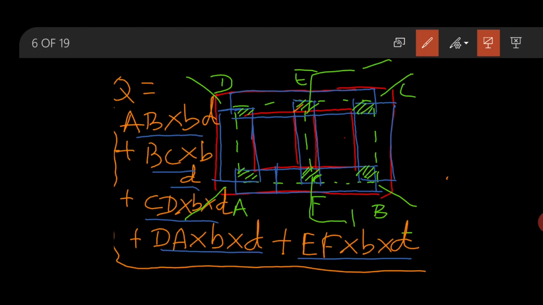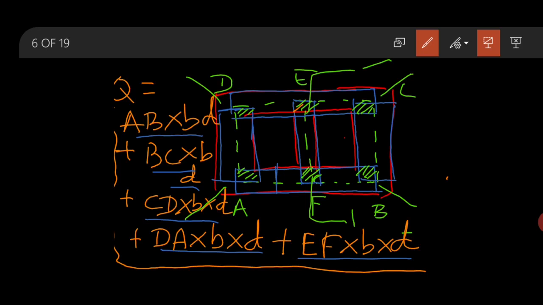So these portions are also coming twice and have to be subtracted. Otherwise, we will get an excess quantity of these portions. So these must be deducted from the total center line length.